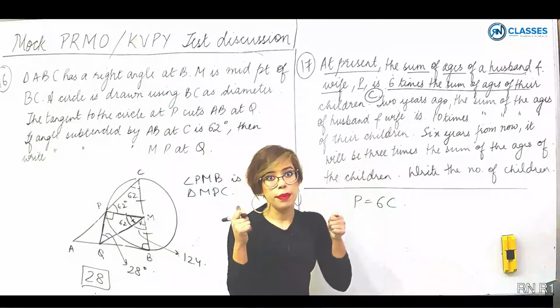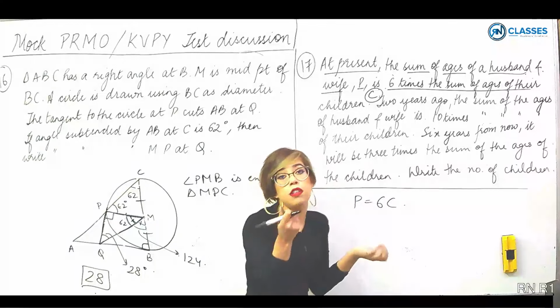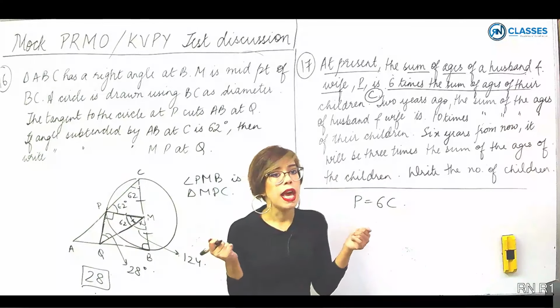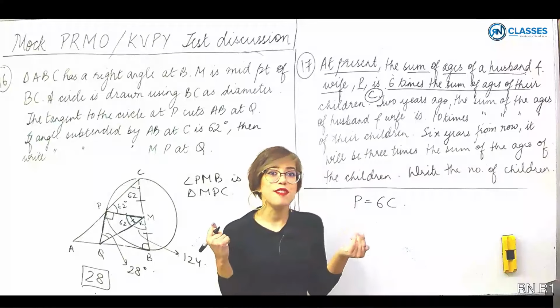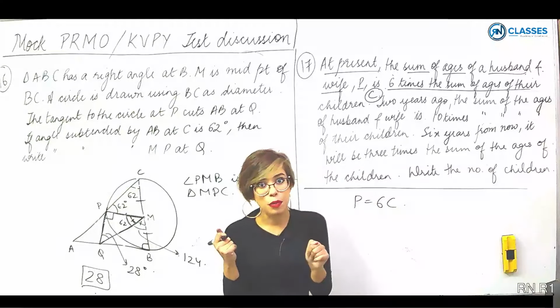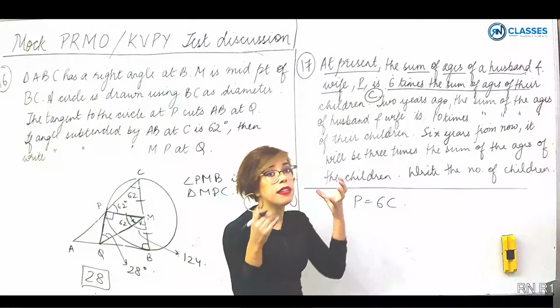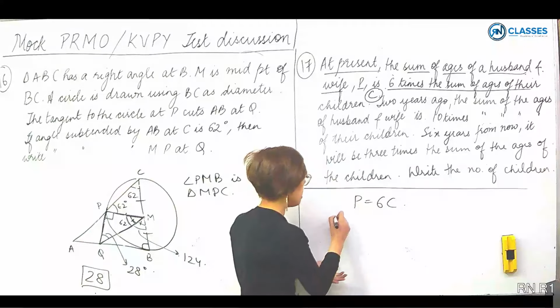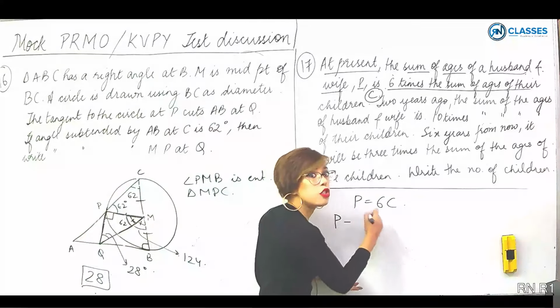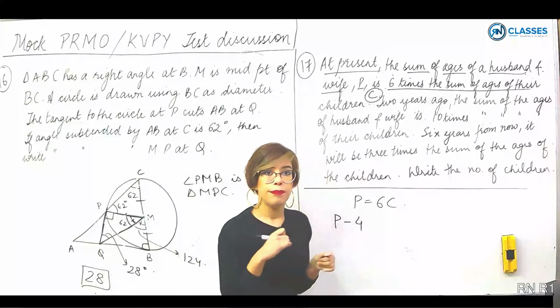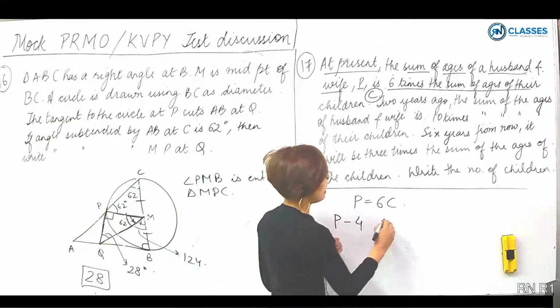Suppose if husband is 42, the husband would be 40. And if the wife is 44, 2 years ago, the wife would be 42. So if I want to write this sum, I will write P minus 2 minus 2 or minus 4, and this is 60.